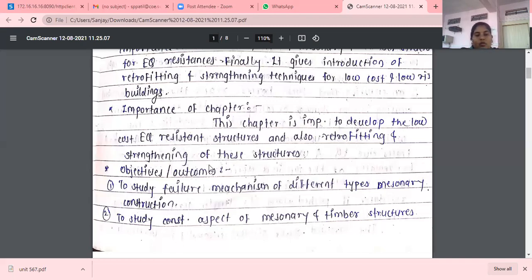Objectives and outcomes: to study the failure mechanism of different types of masonry constructions. Second, to study the construction aspects of masonry and timber structure.